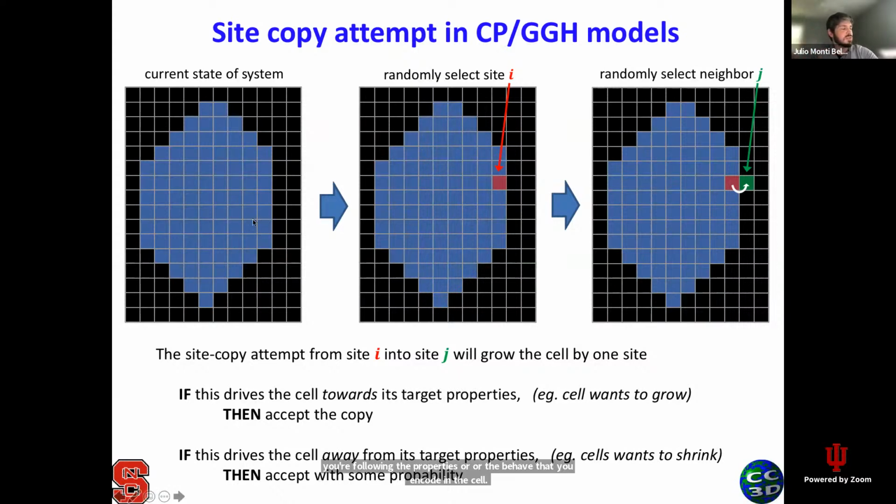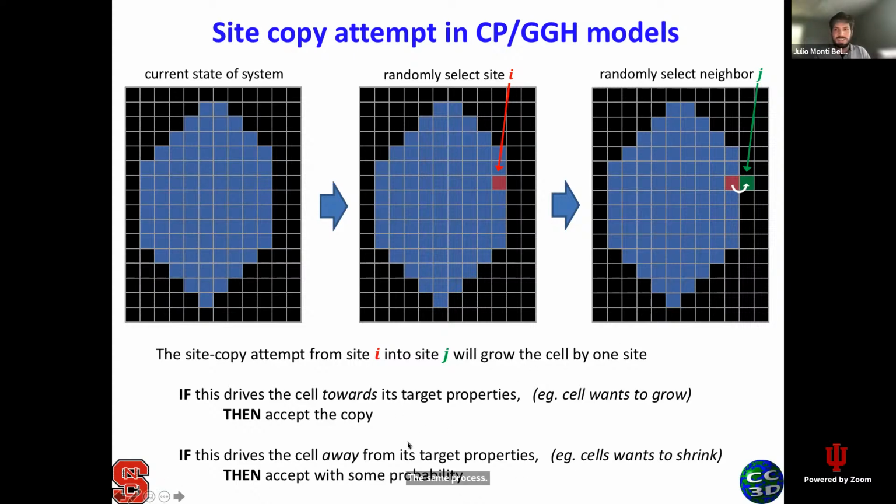For example, the cell right now has a certain volume given by the number of pixel sites that it occupies. And if you do this flip, this copy attempt, you'll be increasing the volume of the cell, okay? So that happens both in 2D and 3D, right? So in 3D, instead of having a plain lattice, you have a three-dimensional lattice, but the process is exactly the same. You select a voxel, right? And then select a neighboring voxel and you try to make the copy. Exactly the same process, okay?